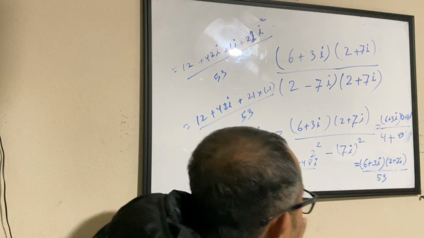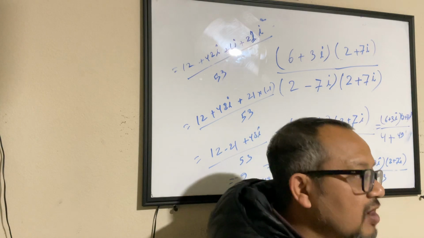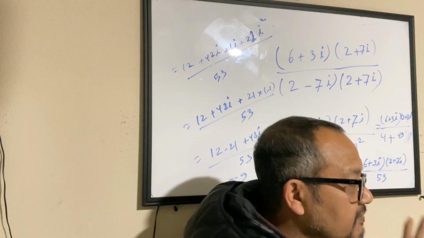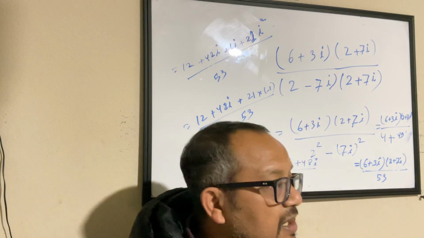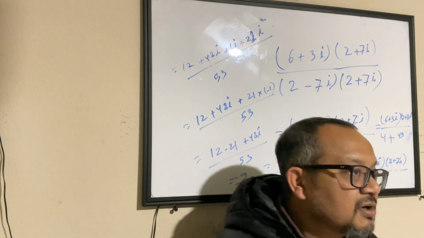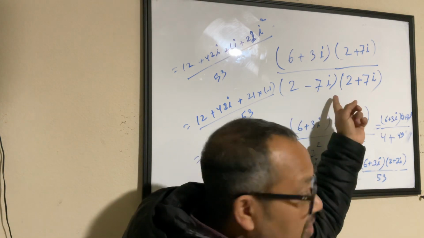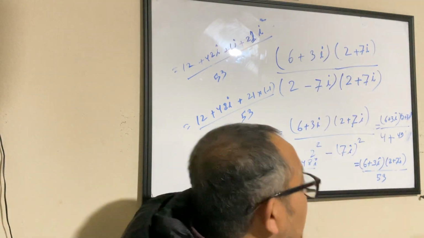That makes sense. So basically, when you have to divide a complex number by another complex number, you will use your conjugate. The conjugate of any complex number helps you simplify it to a real number. The problem is always with the denominator. If your denominator is complicated, your whole calculation goes for toss.